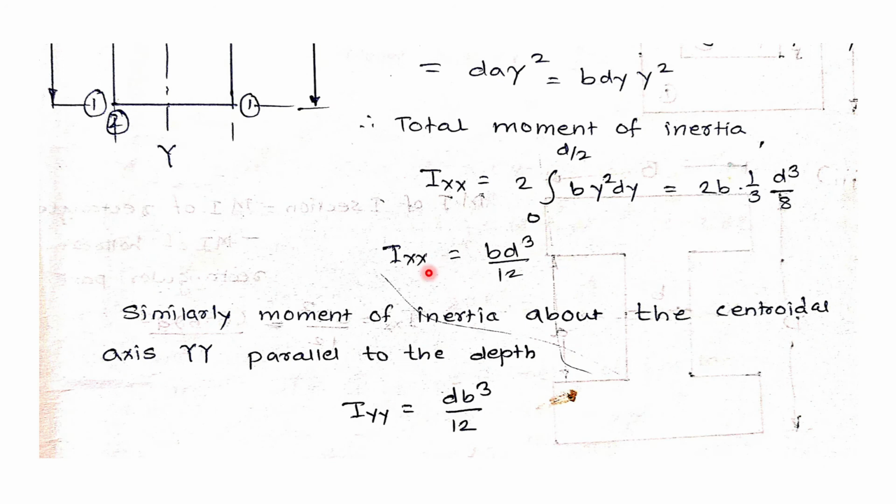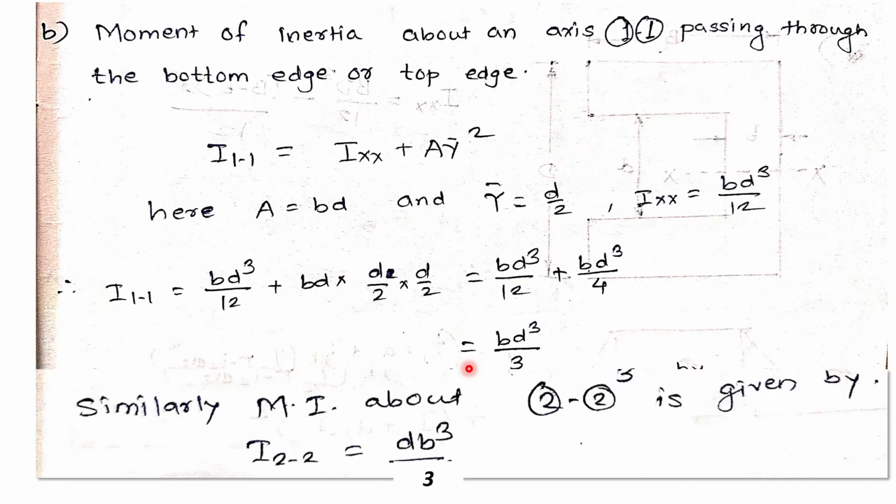We get Ixx is equal to bd cube by 12. Similarly, moment of inertia about the centroidal axis Iyy is db cube by 12. Following the same procedure, you can do it yourself.